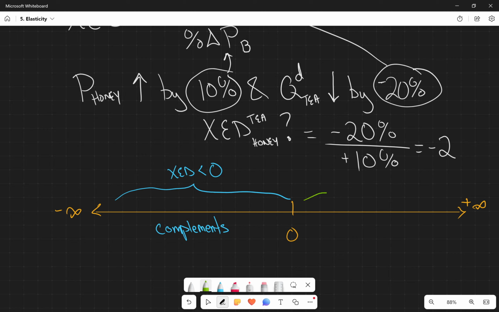When my cross-price elasticity is greater than 0, these are going to be substitute goods. What if my elasticity between the two was 0? Let me just say they're unrelated.